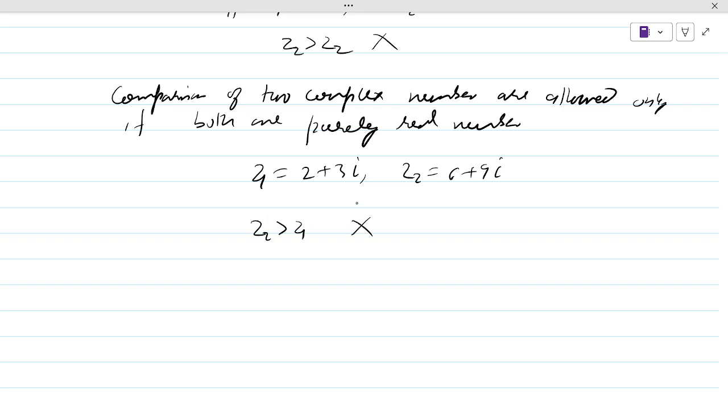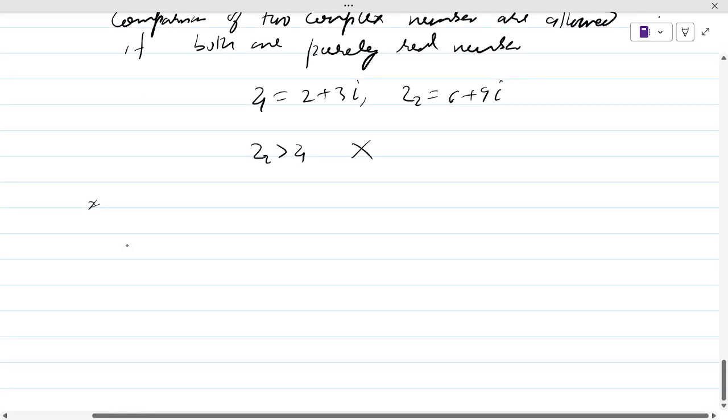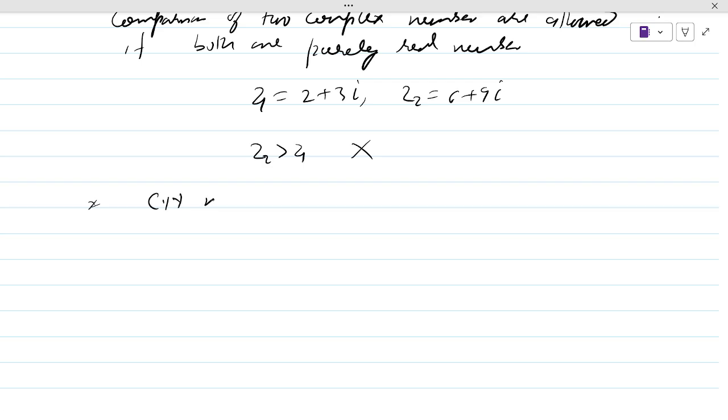This is wrong. Inequality is not defined in complex numbers in general. Why is it happening? Because a complex number is a point, as we have discussed, or a vector. A complex number is a point or vector, and we can't compare two points.